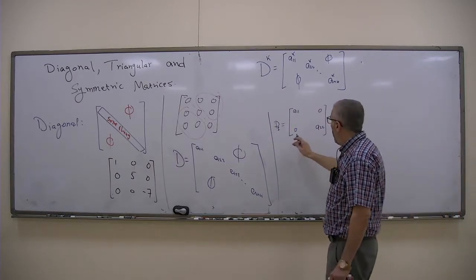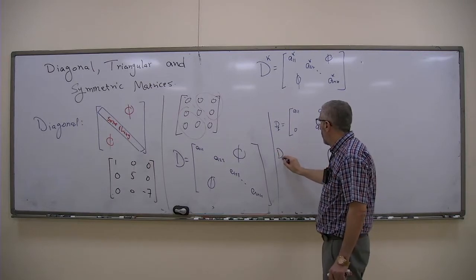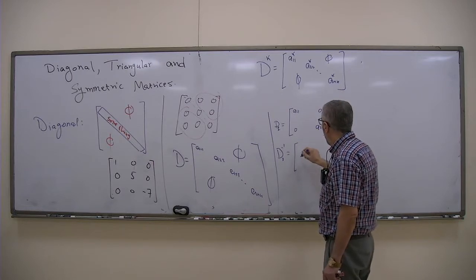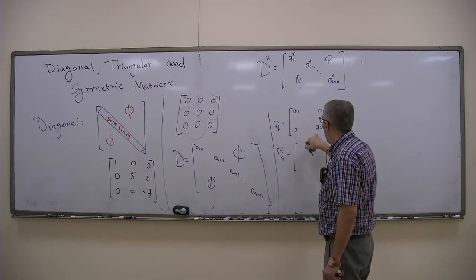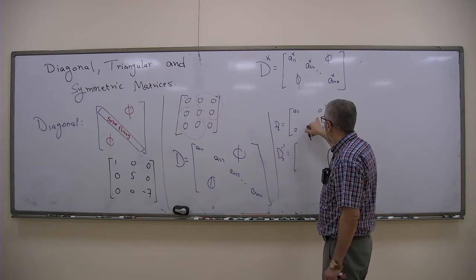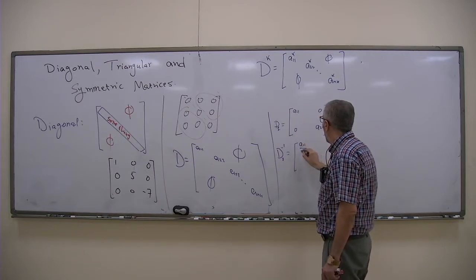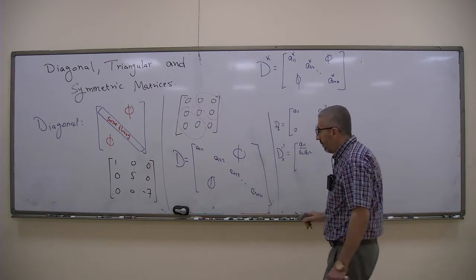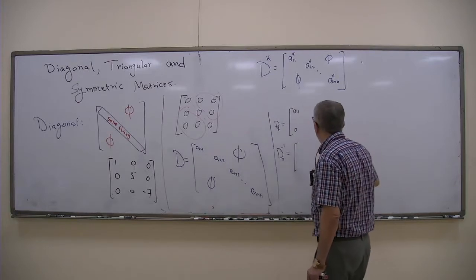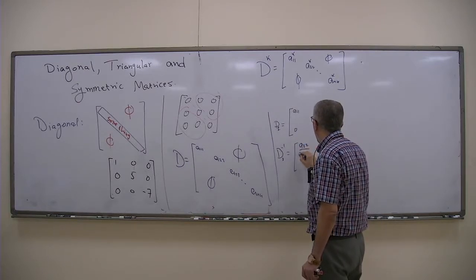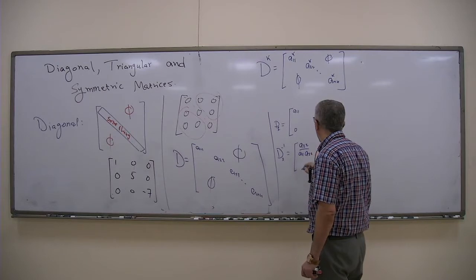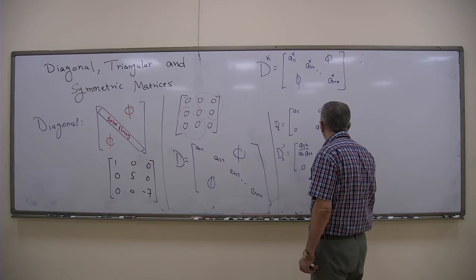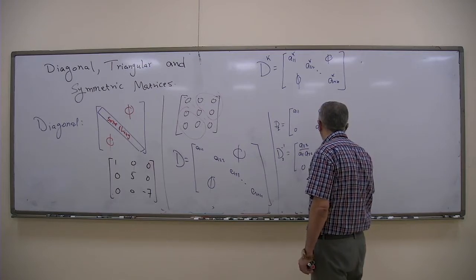Well, if you use the formula for a 2 by 2 matrix, right away you can see D2 inverse is going to be what? It is this times this minus this. So you have A22 over A11 A22, and here you have 0, here you have 0, and here you have A11 over A11 A22.